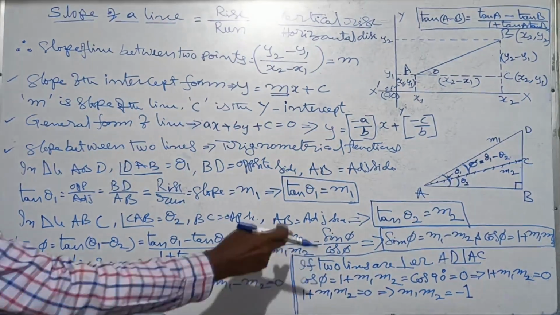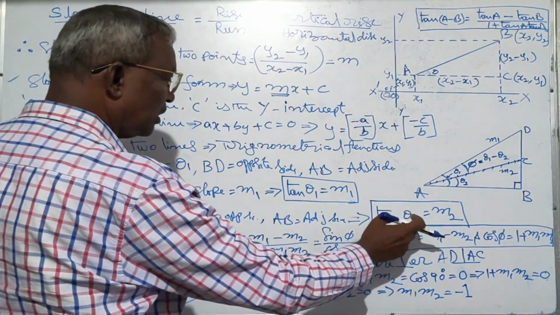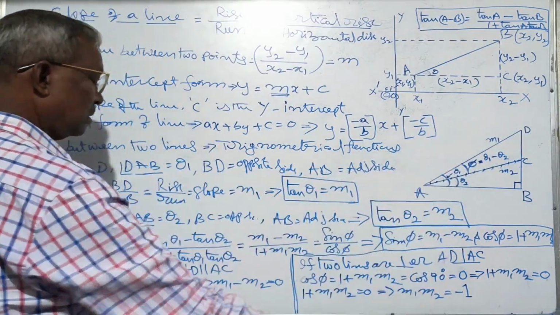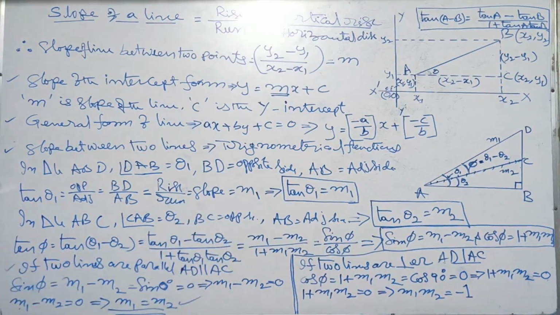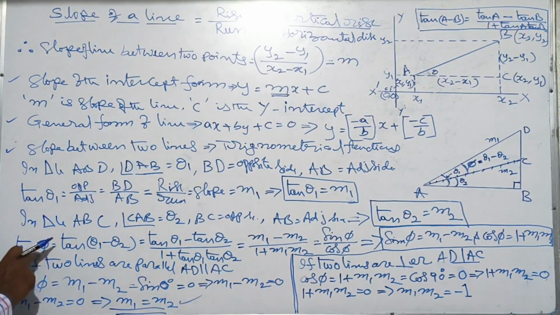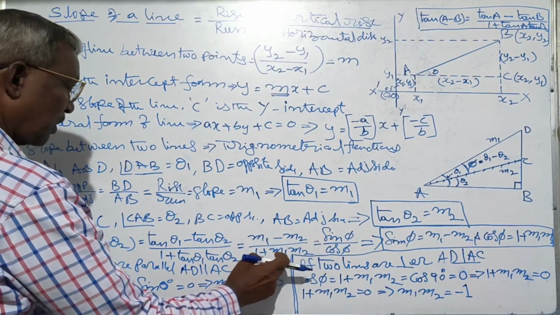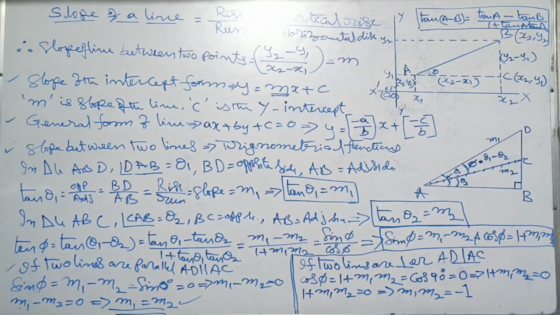We know very well that tan theta 1 is equal to M1, tan theta 2 is equal to M2, the slopes of these both lines. Simply substitute here. Therefore, tan phi is equal to M1 minus M2 by 1 plus M1 M2.